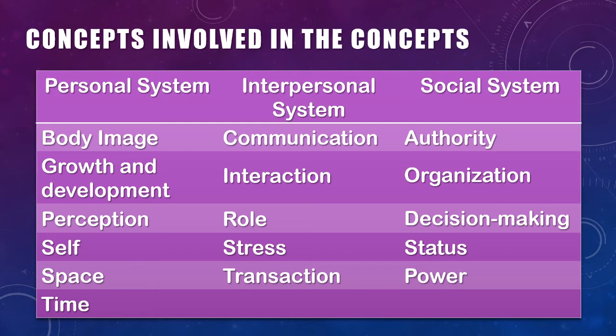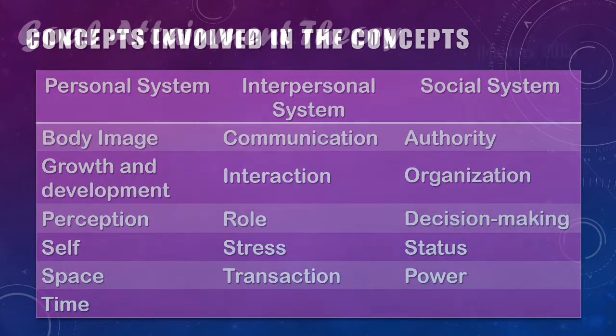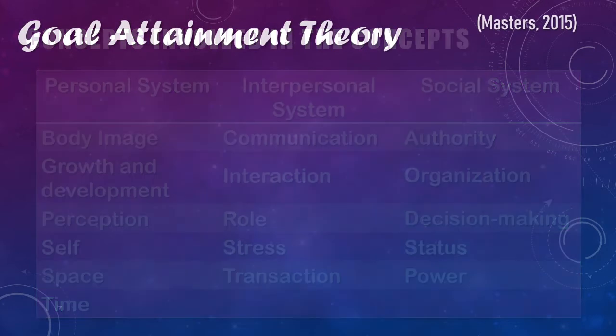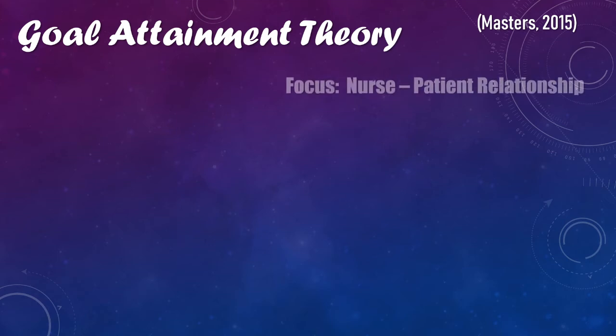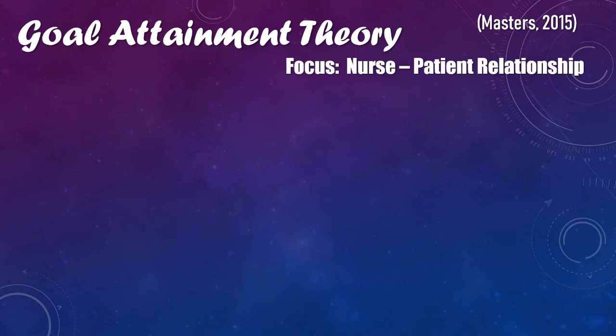By presenting these conceptual systems, she was able to develop her nursing theory of goal attainment as an application to nursing practice. According to Masters, the theory of goal attainment focuses on the nurse-patient relationship wherein both work together to identify desired objectives, propose, and implement actions to achieve perceived goals.